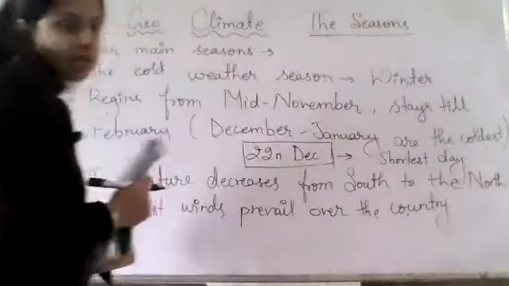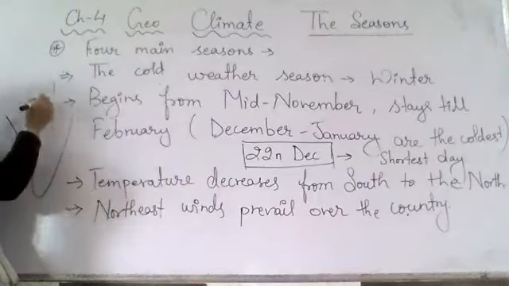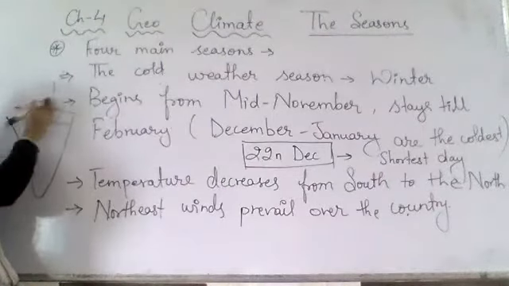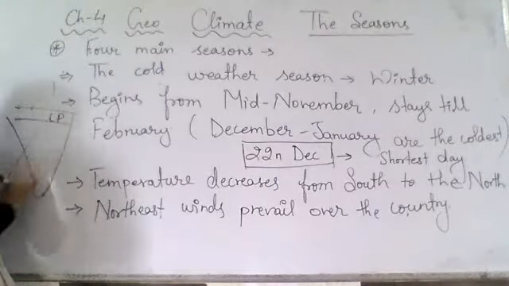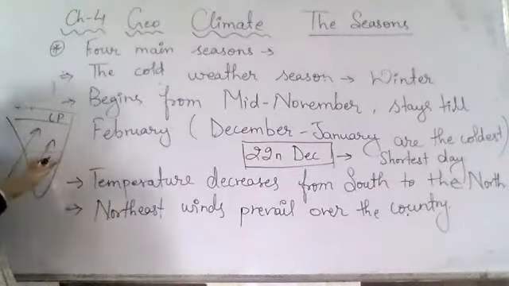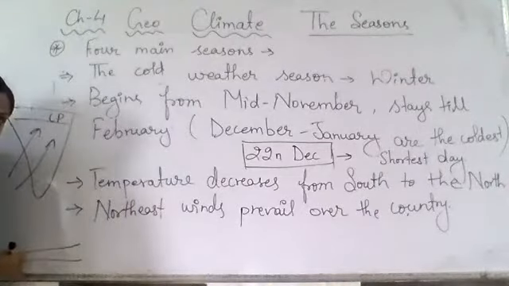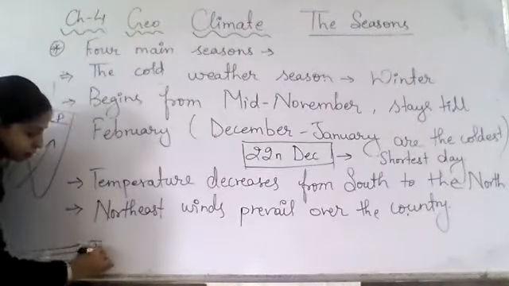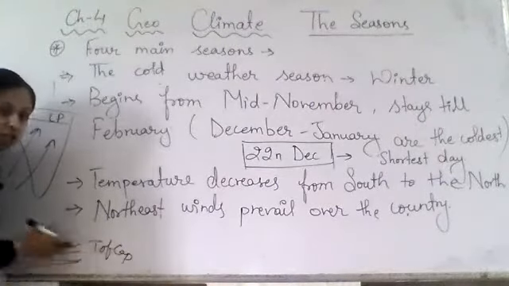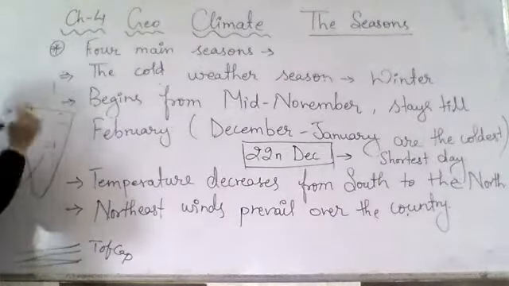Now, as I told you yesterday also, when the ITCZ is here, it creates intense low pressure and attracts these southwest winds. But when this low pressure shifts down to the Tropic of Capricorn, the low pressure is not here.